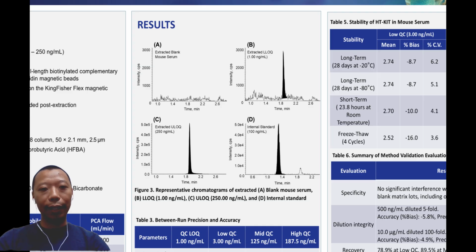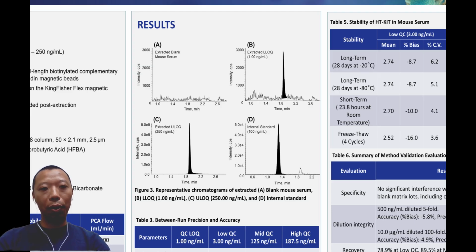Both HTKIT and the internal standard have sharp, well-defined peaks with excellent signal-to-noise ratio and no interference observed in the blank samples. The calibration curve ranging from 1 to 250 nanogram per ml showed excellent linearity based on the peak area ratio of HTKIT to the linear PMO internal standard.